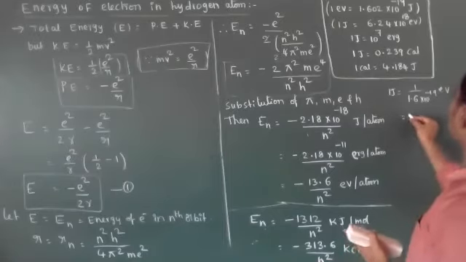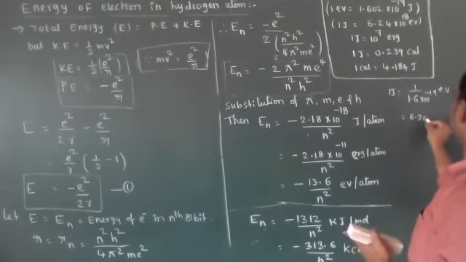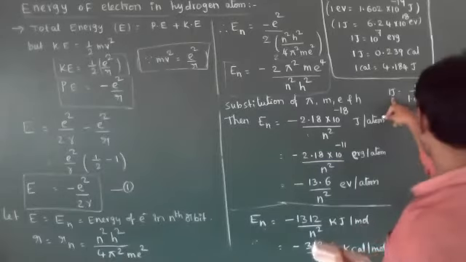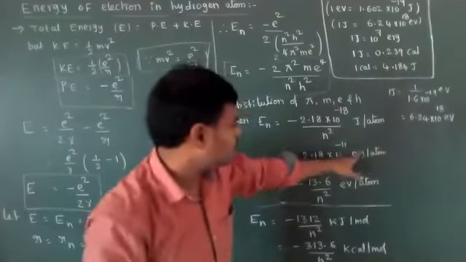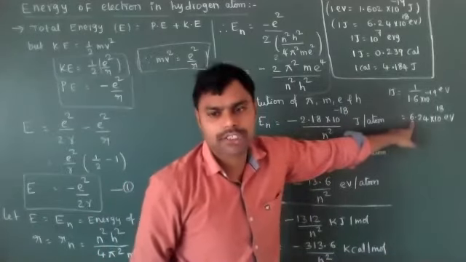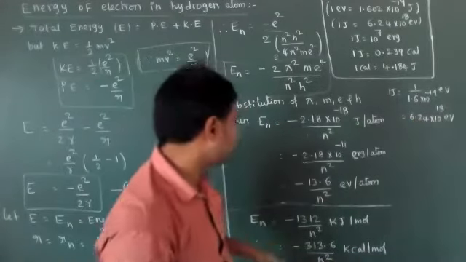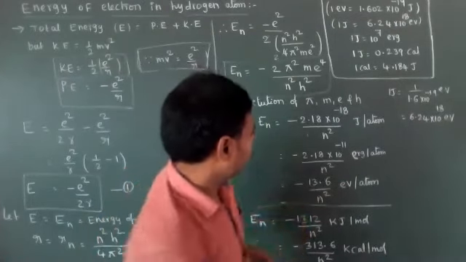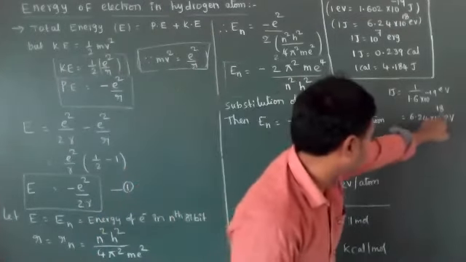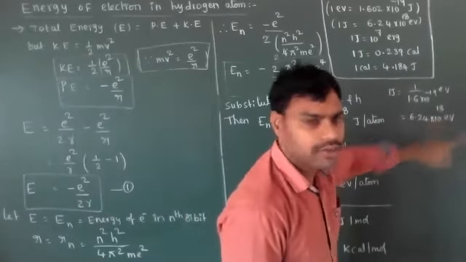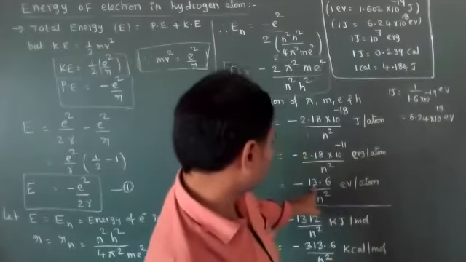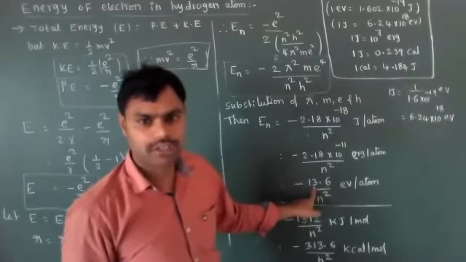If simplified, we get 6.24 into 10 to the power of 18 electron volts. So for 1 joule, you have to multiply that value by 6.24 into 10 to the power of 18. Because this is 10 to the power of minus 18 and that is 10 to the power of plus 18, both will cancel. Then 2.18 into 6.24 is approximately 13.6.